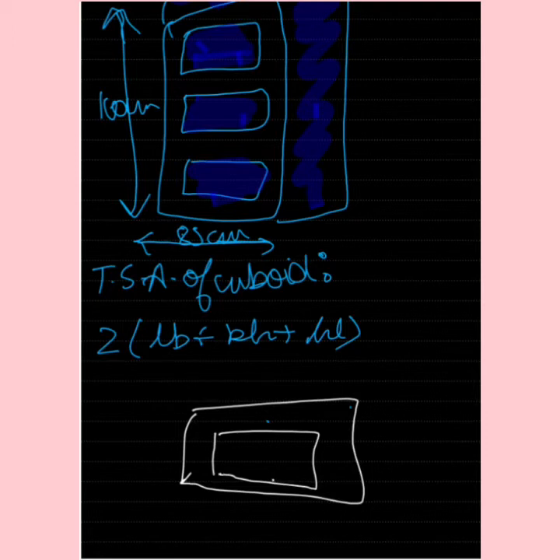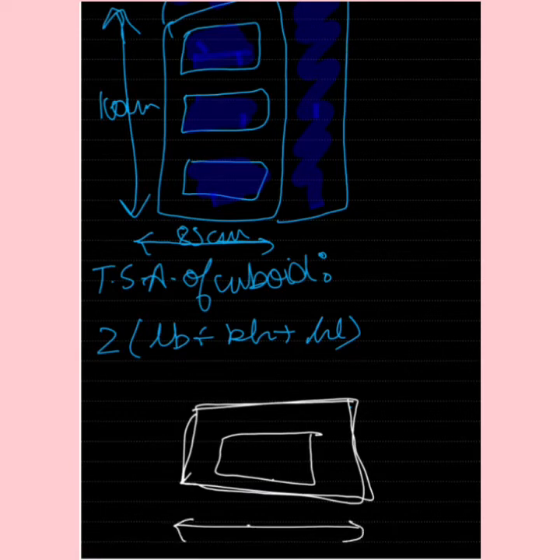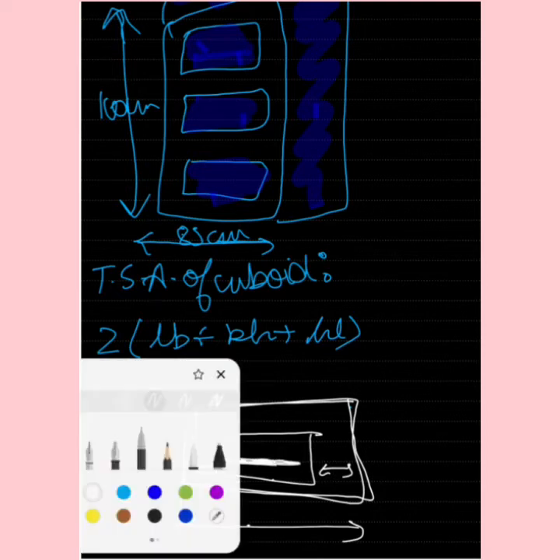Now to find the area of this part, we will calculate the area of this minus the area of this and we will get the area of this part. Now to find the dimension, we are provided the total length and the thickness of the margins, therefore we can find the inner surface length.